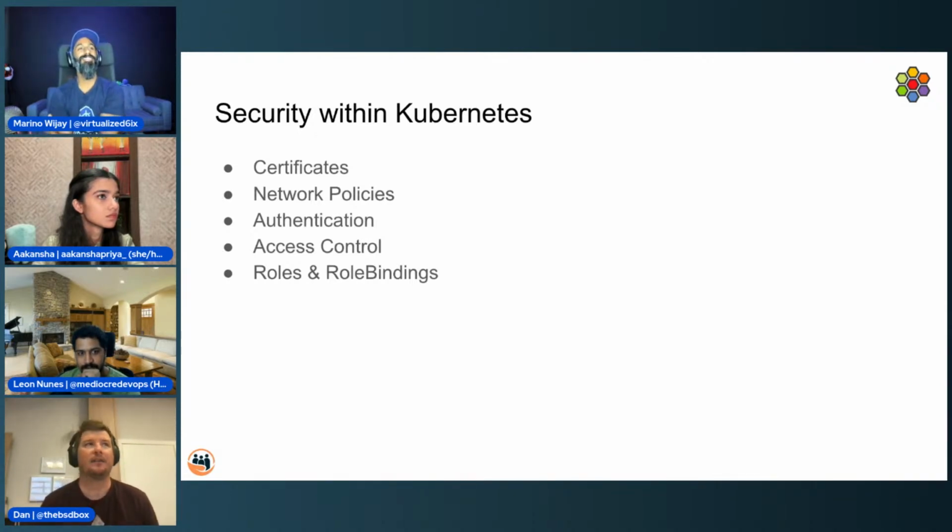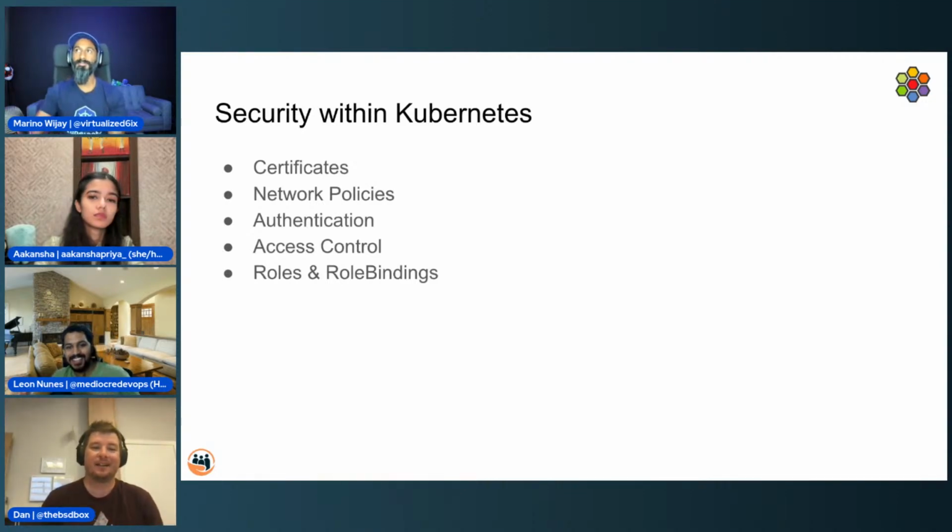WireGuard was added to the mainline kernel a few years ago, and it's pretty amazing because I remember seeing the commit, because I read kernel commits every now and then. Seeing the commit for WireGuard going upstream into the Linux kernel, it was a tiny addition, something like 6,000 lines, and it basically implemented a whole new VPN solution for Linux systems and now for other operating systems.